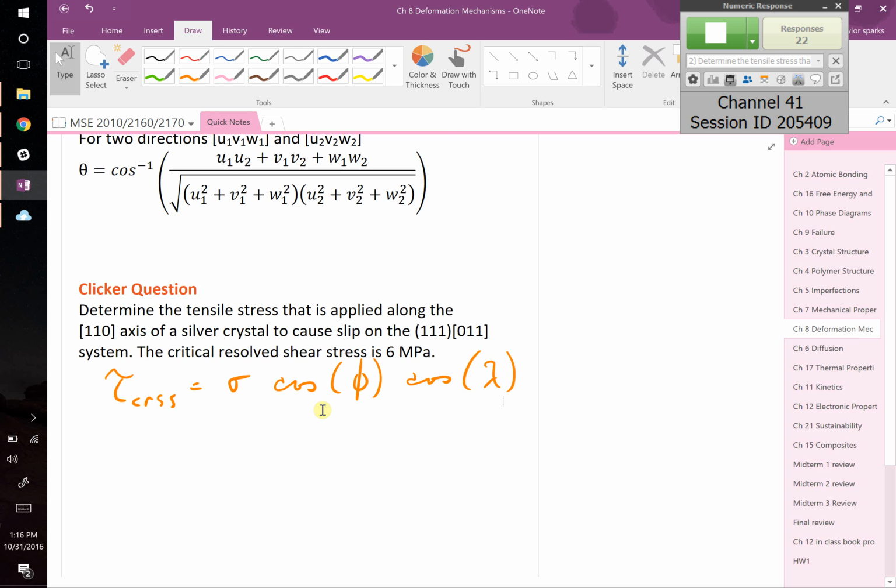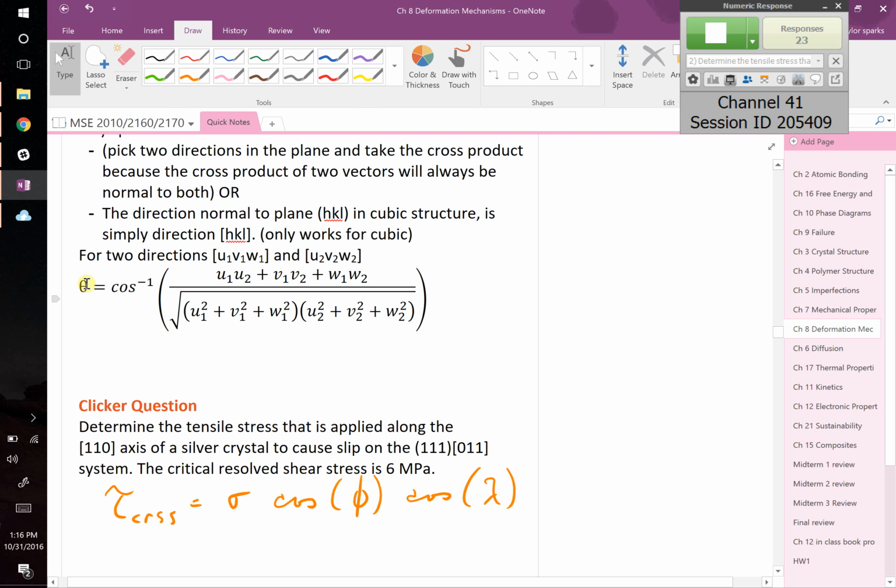Real quick announcement. What is theta? Theta is just a generic angle between any two vectors. If you have vector 1 right here and vector 2 right here, theta is the angle between them, so you plug in vector 1 and vector 2. For example, this might be your loading direction, and this one might be your normal to the slip plane.